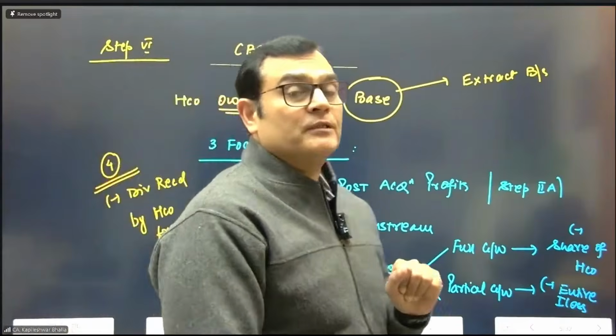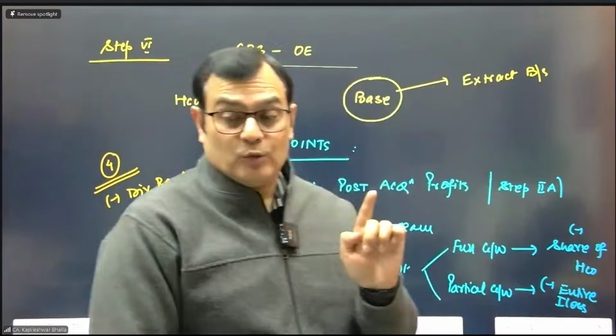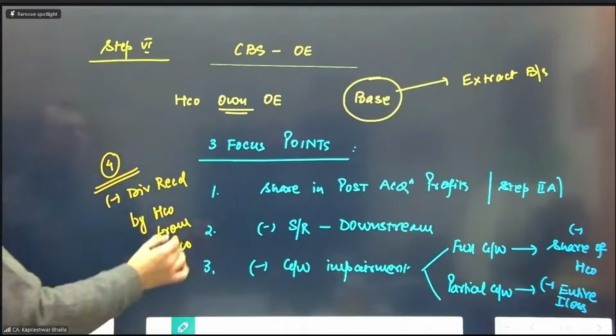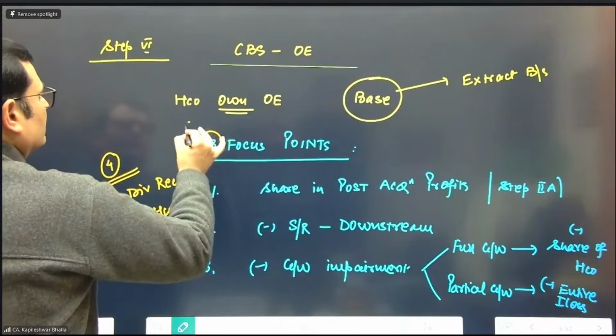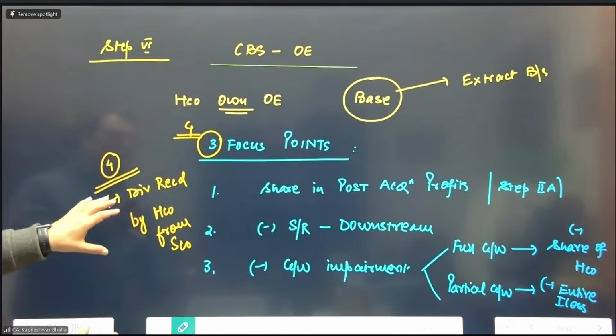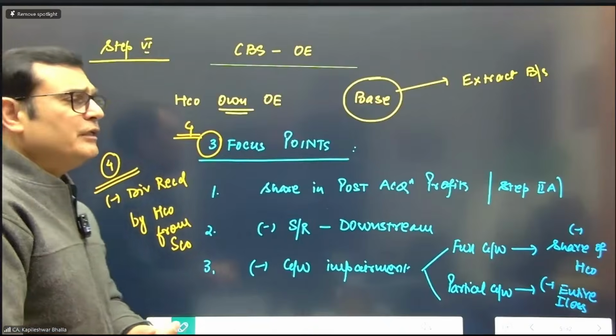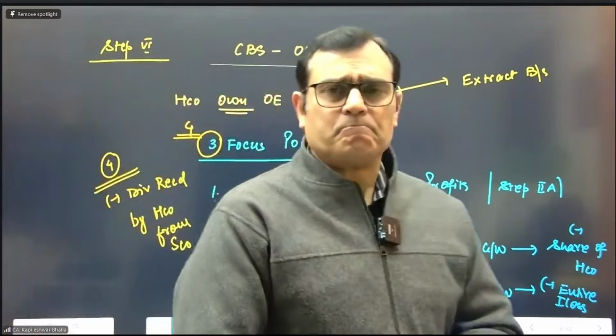It's not a group income. So if there is any dividend which was credited by the parent company, that also needs a reduction. So if you want, instead of three focus points, you can make it four focus points as well. Either way, but this is something you'll remember otherwise. So to keep consistency, three focus points.